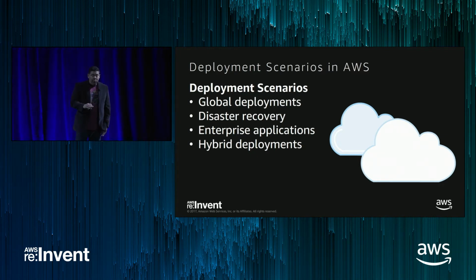Now, some common deployment scenarios for Active Directory on AWS include things like global deployments. So if you have a company that's a global company and you have a data center in the US that serves users and services or applications that may be dispersed around the world, yet you don't have the data center infrastructure to support that, it's not going to be the most optimal performance and the most efficient access to your resources.